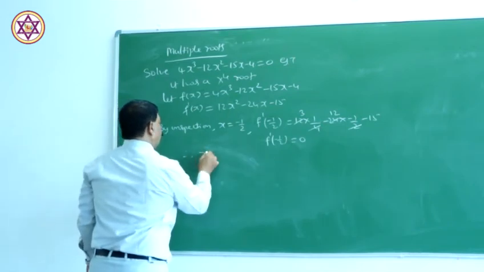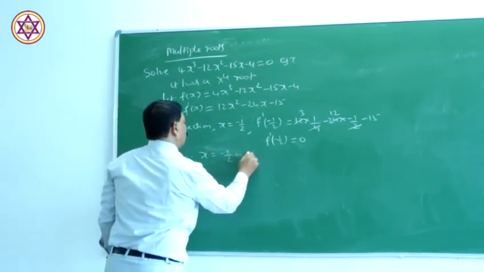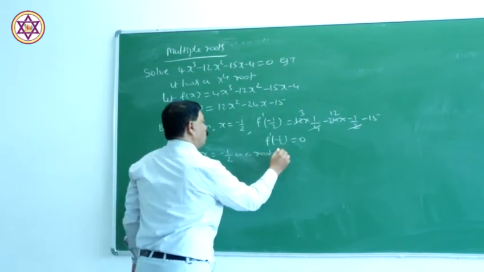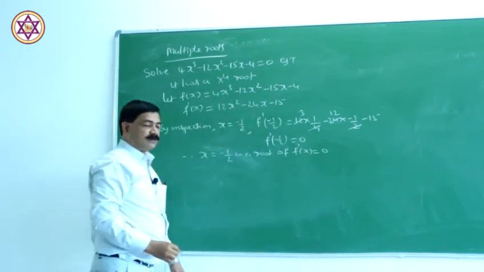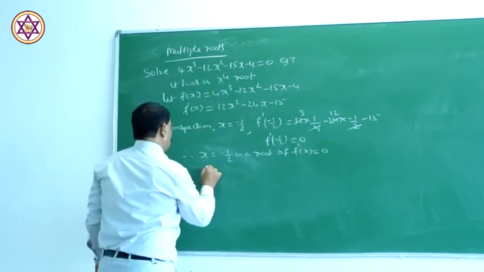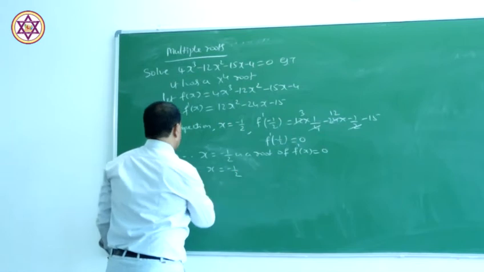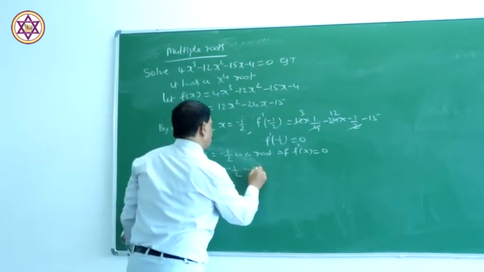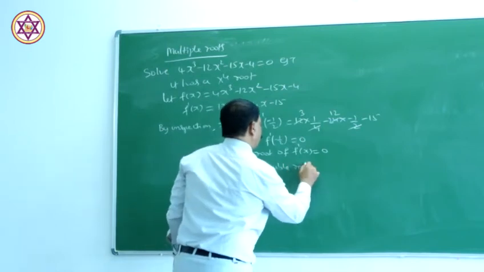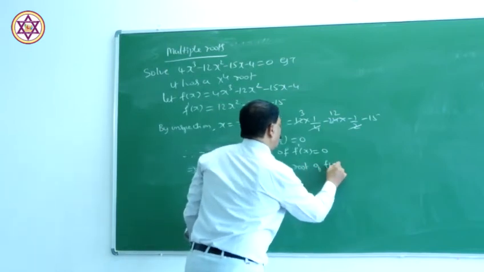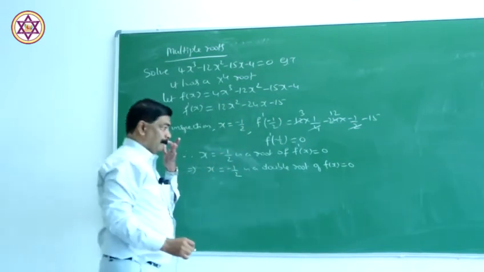Therefore, x is equal to minus half is a root of f dash of x is equal to 0. This implies minus half is a double root of f of x is equal to 0.